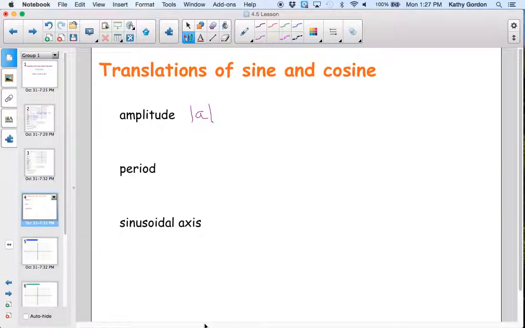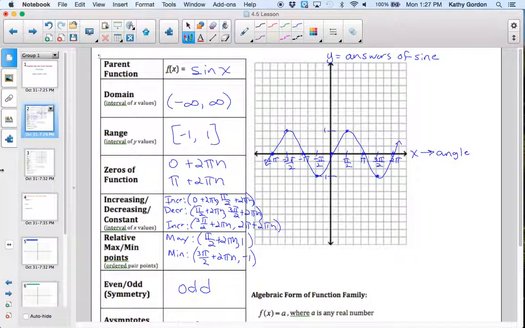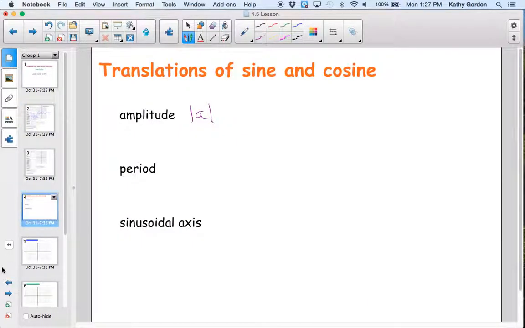But if you think about the shape now, a vertical stretch means that the distance from my axis up to this max point increases as I stretch it. That distance is what we call amplitude. So the actual definition is the distance from the sinusoidal axis to a max or min point.